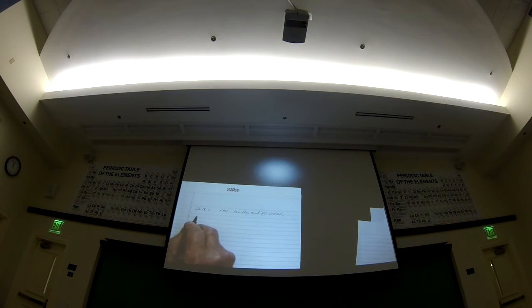Very tedious. So our system starts at 6 atmospheres and 2 liters. Ends at 3 atmospheres, 4 liters, still 300 Kelvin.